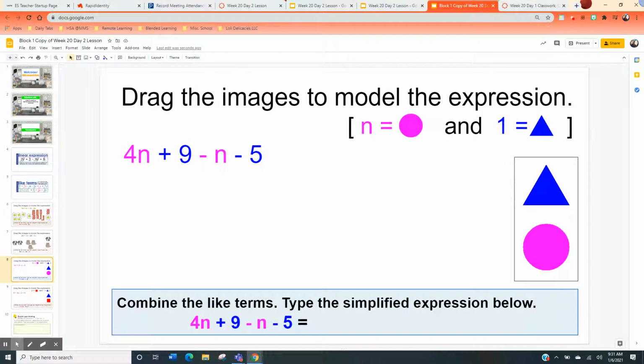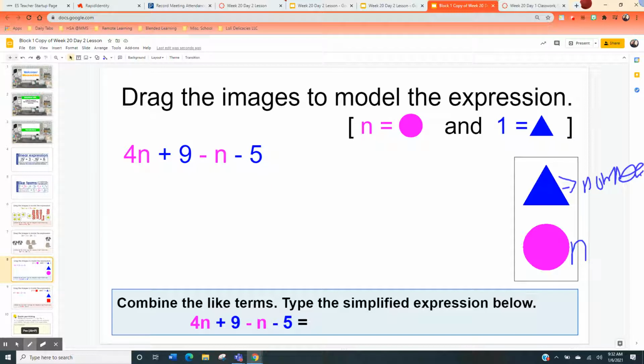Okay, so it's telling us here that our numbers are represented by the triangle and our n's are represented, oops, by the circle.